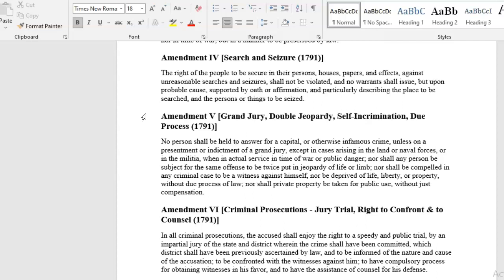So when some kind of criminal complaint is supposedly brought against you, if there's no real complaint supported by oath or affirmation that would cause a judge to believe there was probable cause to issue a warrant, then no warrant can issue.